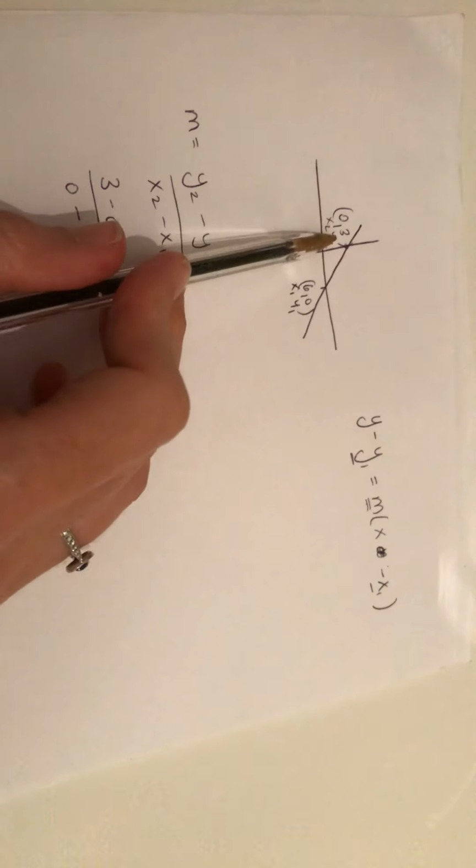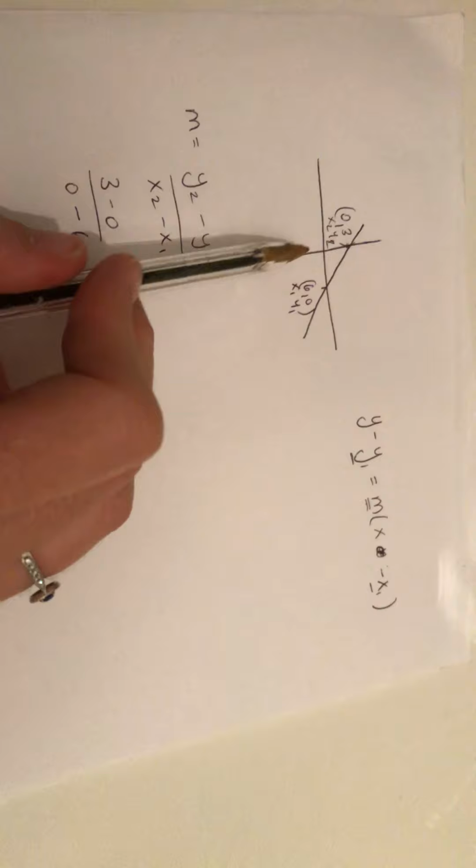So Y2 minus Y1 over X2 minus X1. I wonder, is this the same one that I gave you the other day? Okay, well, if it is, I'm going to do a different one in a minute.